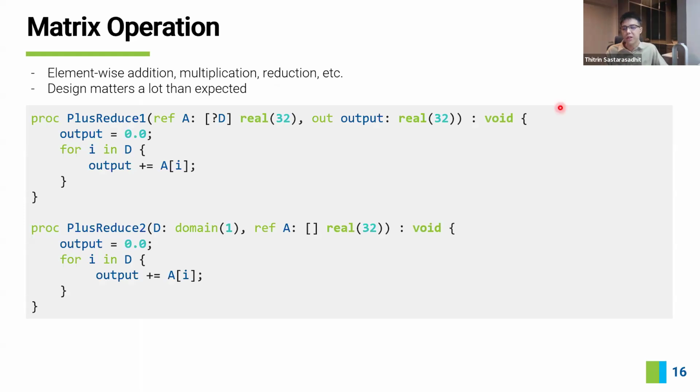And for the matrix operations, I'm talking about the element-wise addition, multiplication, division, or something like that. The reason that I have to implement these functions and not use the built-in operator is just that I want to have control over the parallelism when I do multi-threading.